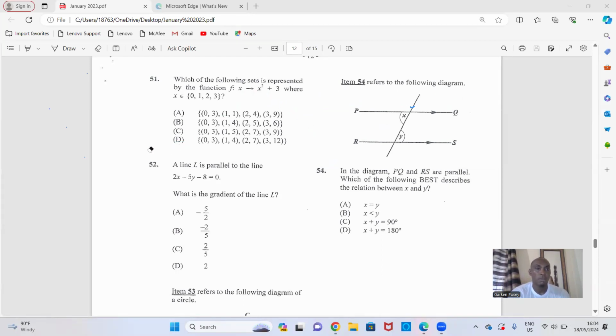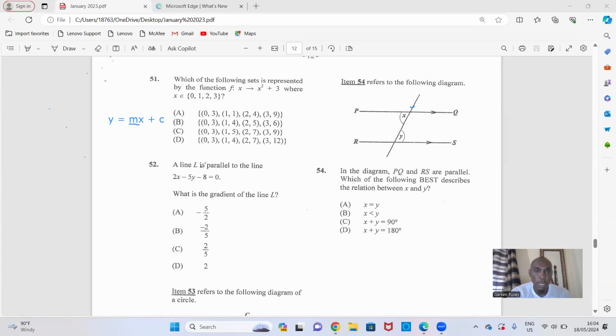All right, so question 52. One thing we should note is that the equation of a straight line is always y equals mx plus c. And when you have the equation in this form, it means whatever is beside the x is going to be your gradient.